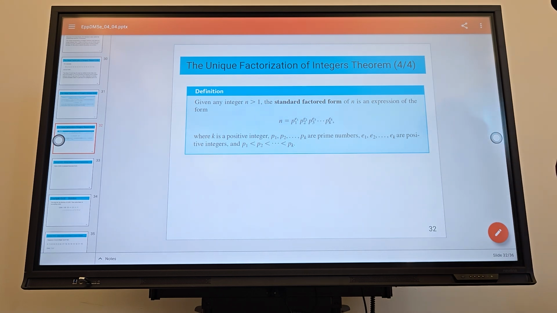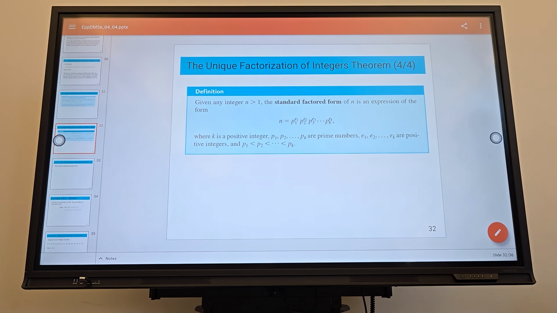So the standard factored form would start with the smallest prime first, raised to whatever power it needs, followed by the next lowest prime raised to its power, and so on.